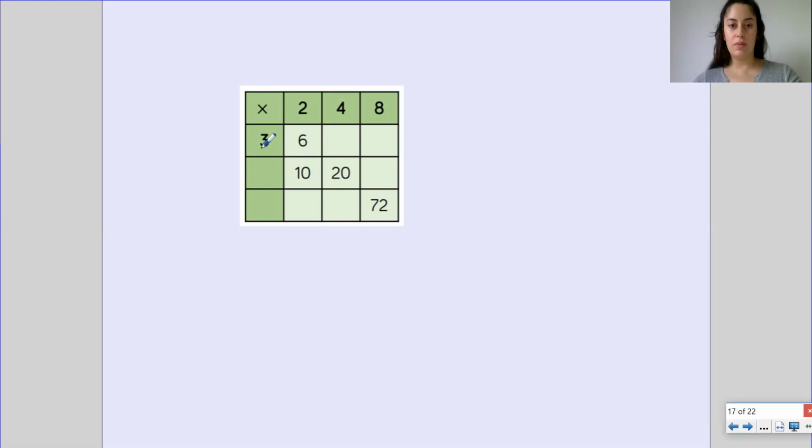So we would do 3 times 4. And we would write the answer in this square. So 3 times 4 is 12. And then 3 times the next number. So 3 times 8 is 24.